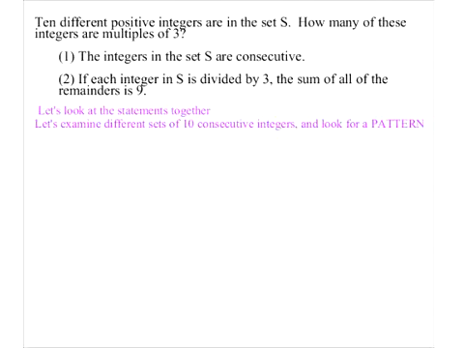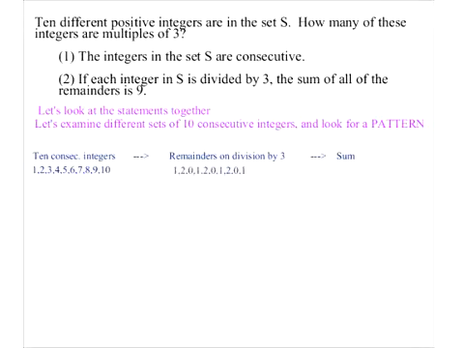And then let's just find the remainders, and then let's find the sum. So let's say your 10 consecutive integers are 1 through 10. Then your remainders are 1, 2, 0, 1, 2, 0, 1, 2, 0, 1, and your sum is 10.